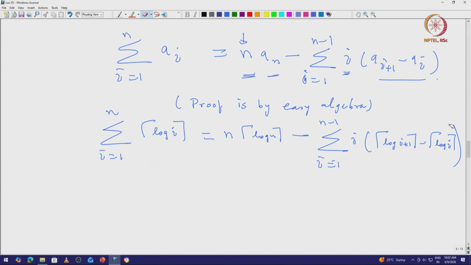The same formula I have applied for a_i equal to ceil log i. This term is clean, do not worry about it.